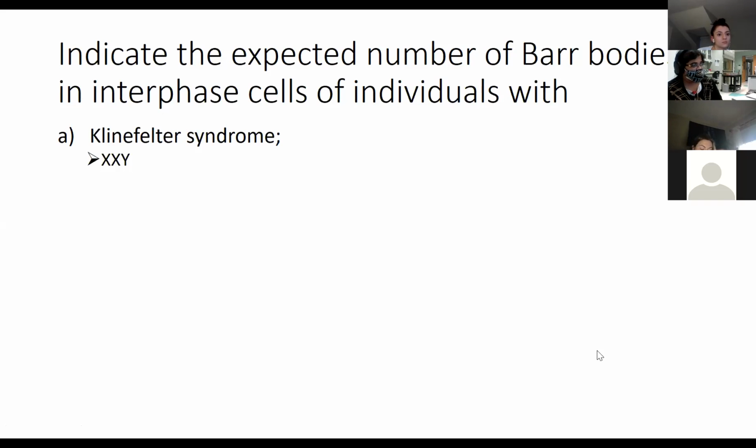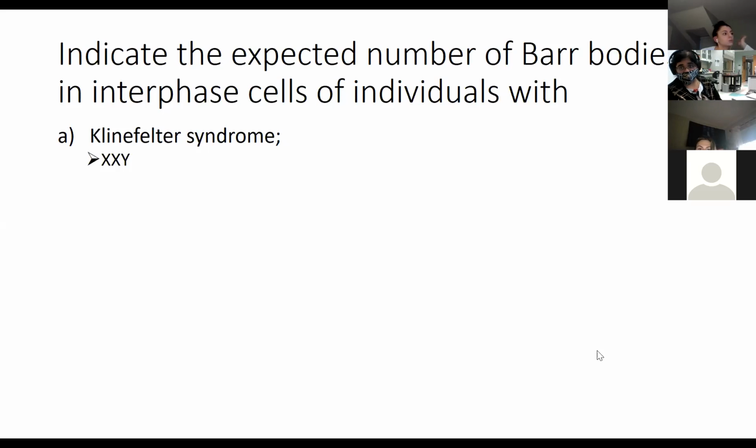One of the things to notice is that if there is more than one X chromosome, only one remains active. So what do you guys think with Klinefelter syndrome? How many bar bodies would you see? Two? You have one chromosome that remains active, right?